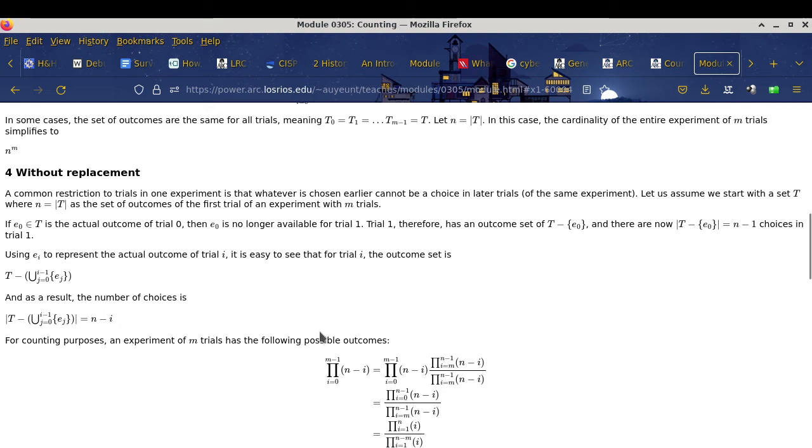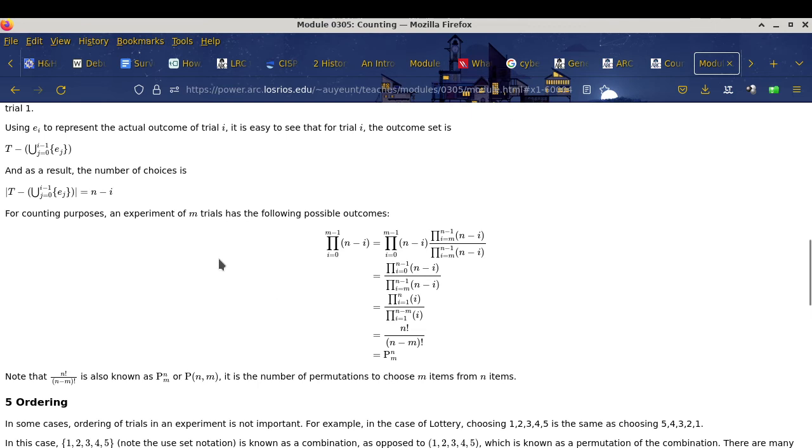So now we want to look at, from the counting perspective, the possible outcomes of an experiment with m trials. We are counting the number of outcomes; we are not looking at what each outcome is. We have this big pi notation, which is the same thing as a sigma notation, except we're not adding, we're multiplying.